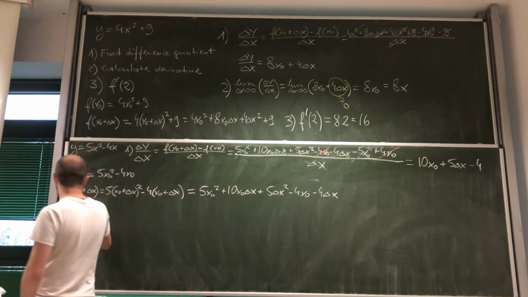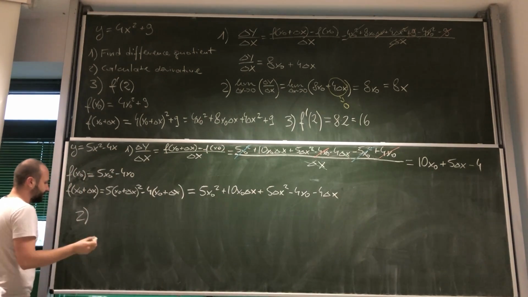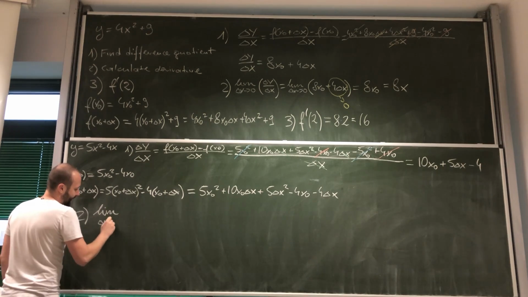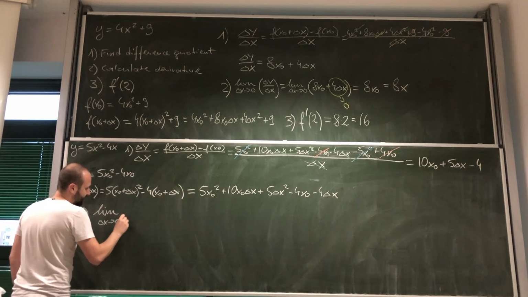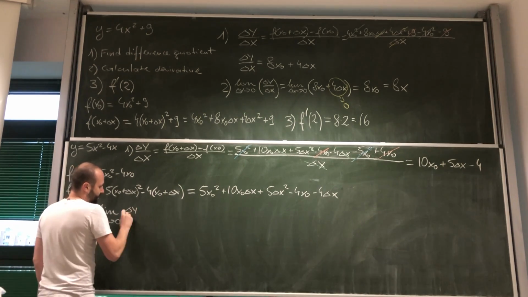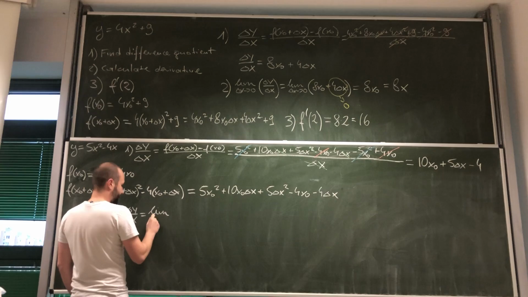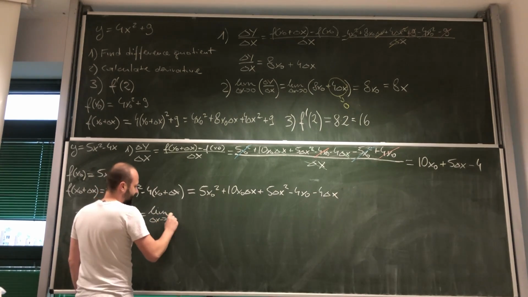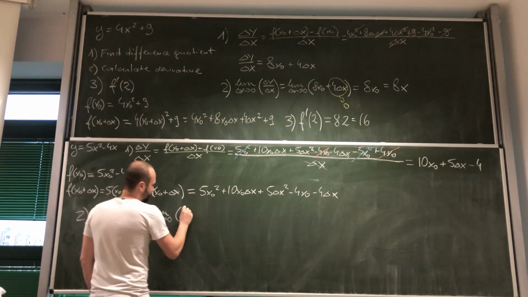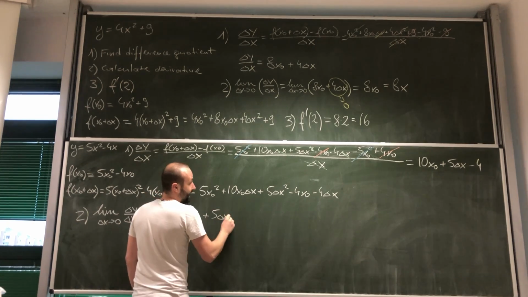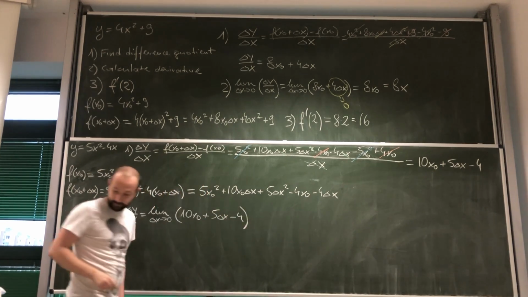So now let's go to point 2 and calculate the derivative. So we calculate the limit with delta x approaching 0 of delta y over delta x. So this is the limit with delta x approaching 0 of 10x0 plus 5 delta x minus 4.